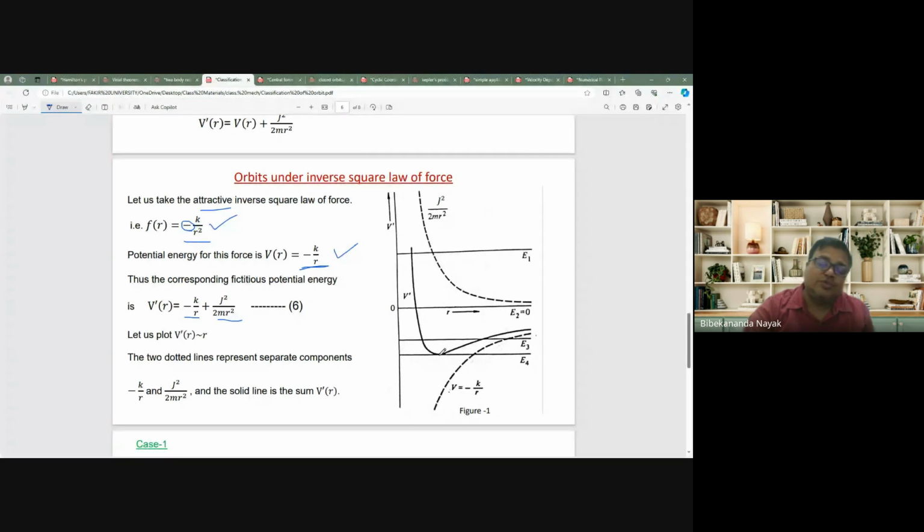We use the principle that at a turning point total energy becomes potential. Each intersection point of the total energy line with the potential curve represents total energy equal to potential energy V prime, and so these points are the turning points of the motion. Is it clear?